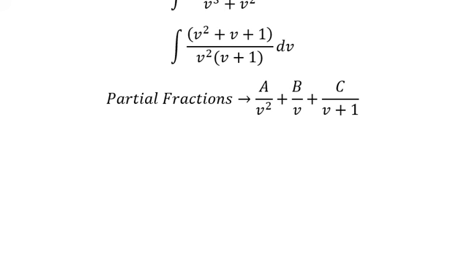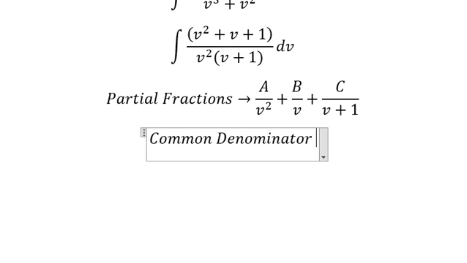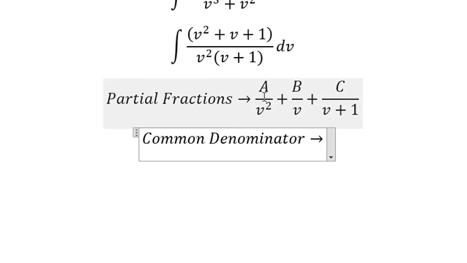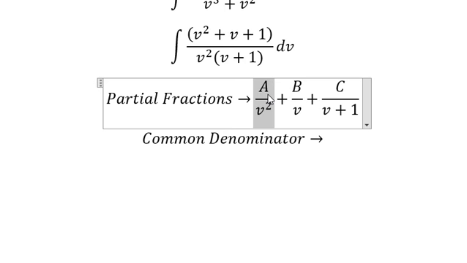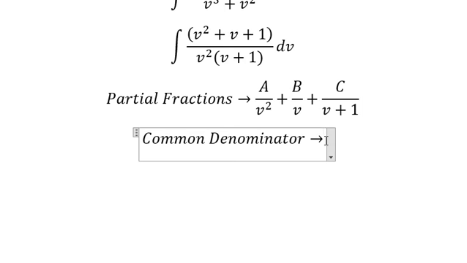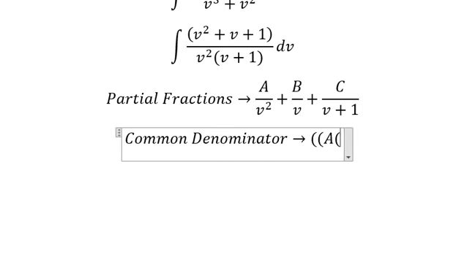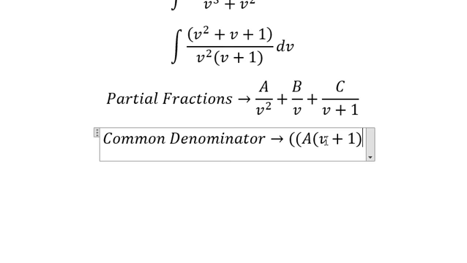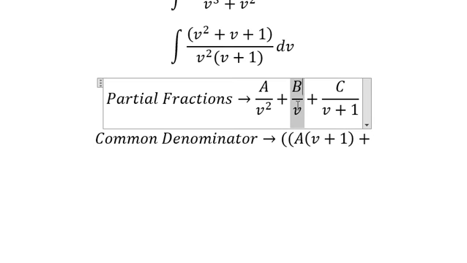Now, we do common denominator. About this one, it is missing v plus 1. So capital A will multiply by v plus 1. About this one, it is missing v and v plus 1.